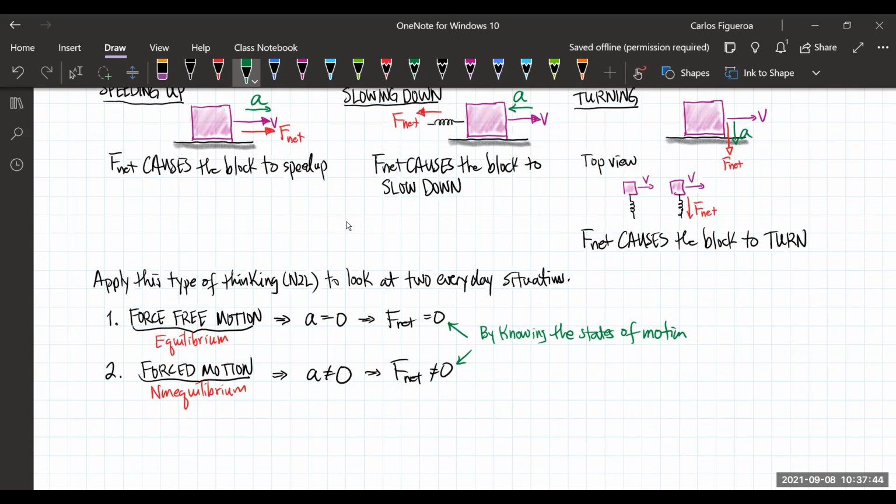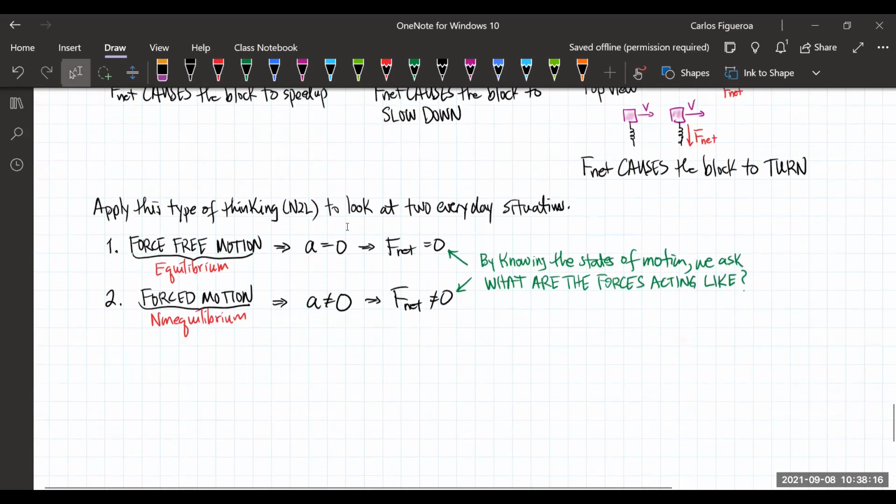By knowing the states of motion, we ask, what are the forces acting like? That's the main point right there. And by doing that, we could then explain numerous examples of everyday situations.